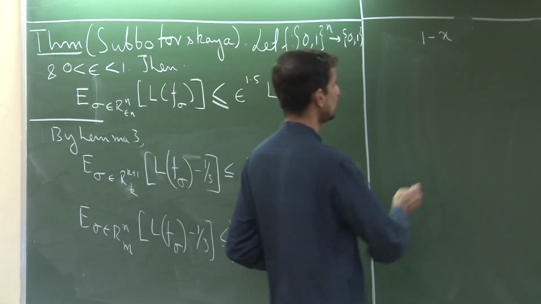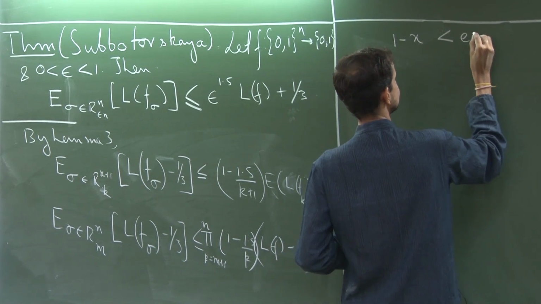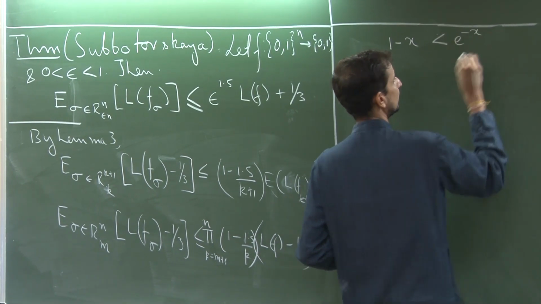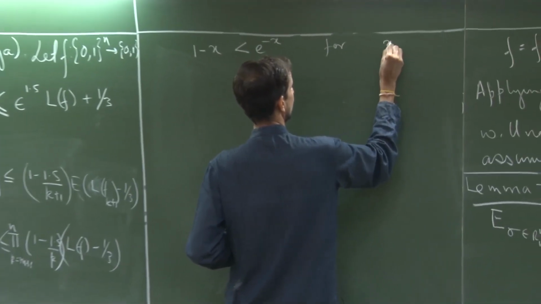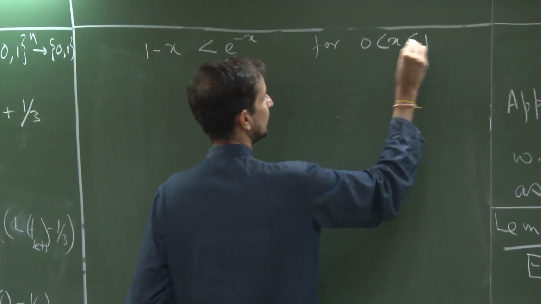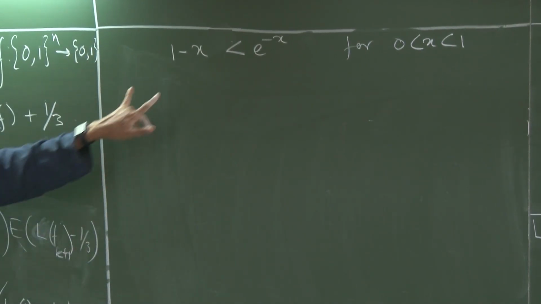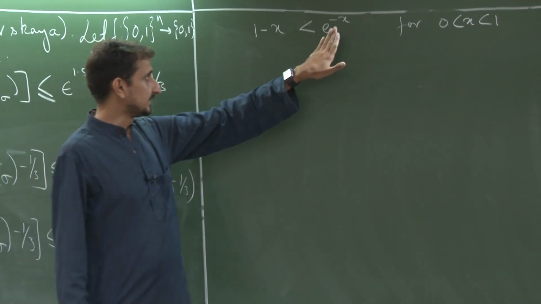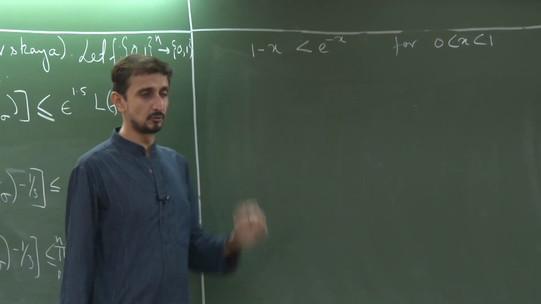Basically what I would use is the inequality 1 minus x is less than e to the power minus x, for x between 0 and 1. This follows from Taylor's expansion. These are the first two terms of the Taylor expansion of e to the power minus x, and everything else can be shown to be positive.